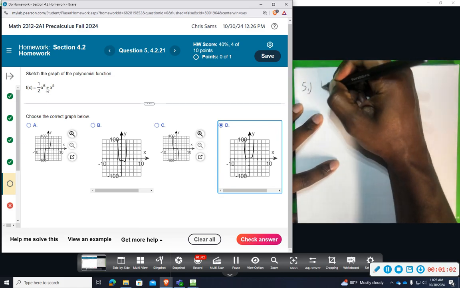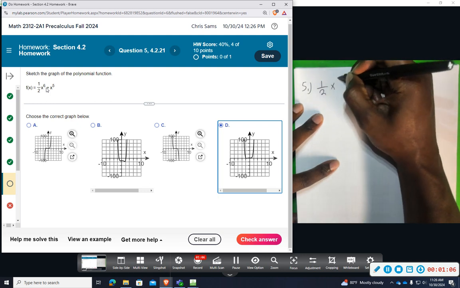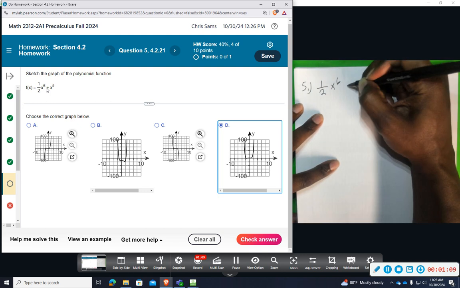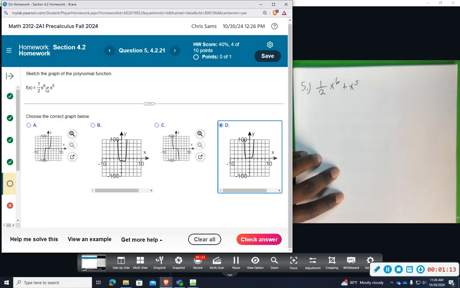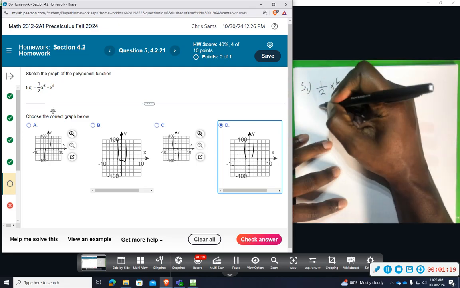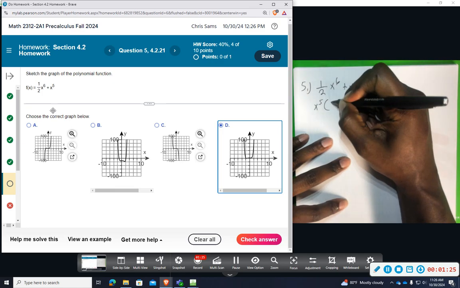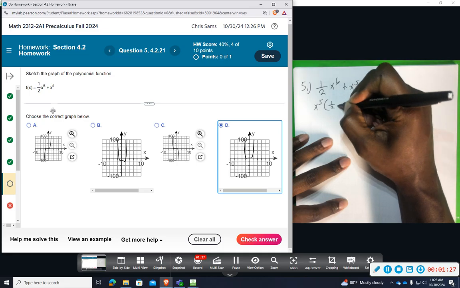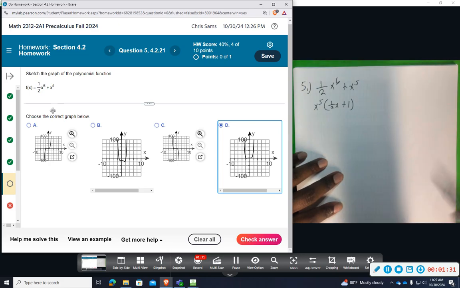We have 1/2 x to the 6th plus x to the 5th. My mouse is in the way. Okay, so these two terms have 5 x's in common. So if I factor out an x to the 5th, that would leave me with 1/2 x plus 1.